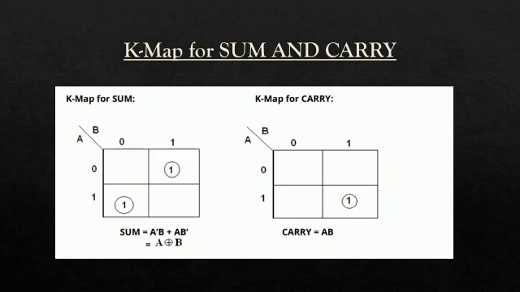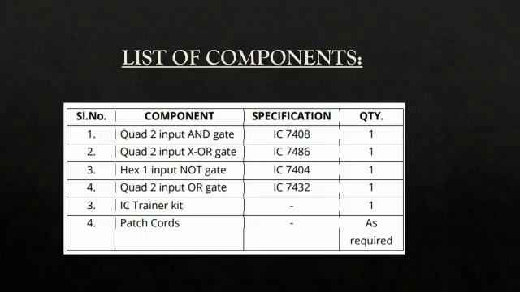For that, you have to put 1 as A and 0 as B complement. So A complement B plus A B complement is in the form of XOR gate. So we are writing the expression like this. Likewise for K-map for carry. So this is the list of components you will require if you are going to do this experiment.